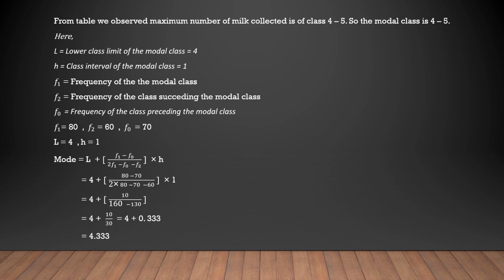So 4 plus 10 over 160 minus 130, which is 30. So 4 plus 10 by 30. 10 by 30 is 0.333. So 4 plus 0.333 is equal to 4.333. So the mode is 4.33.